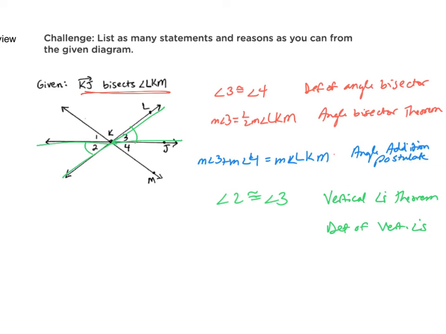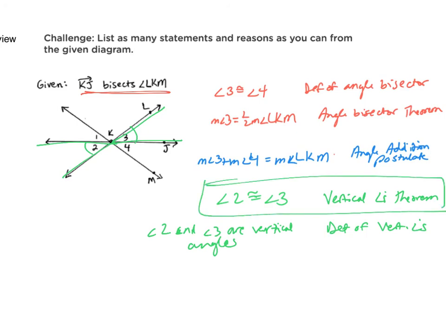So by looking at the picture, I can state that angle 2 and angle 3 are vertical angles, and that's what I'm allowed to say by definition of vertical angles. If I want to go to congruence, I have to use the vertical angles theorem. This is a great conclusion. You're welcome to use that. Now that we've established it as true, just make sure you're referencing that theorem. Okay, hopefully this is helpful.